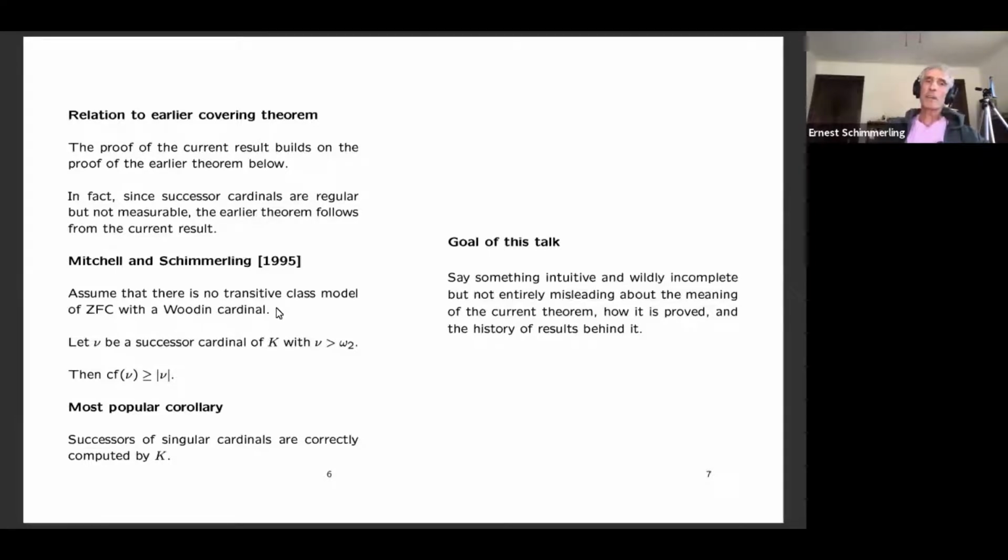I should mention that the fact that K exists based on this assumption was not known in 1995. At the time, it was the Steel core model, which had some kind of ZFC plus no inner model of a Woodin cardinal assumption as the background.